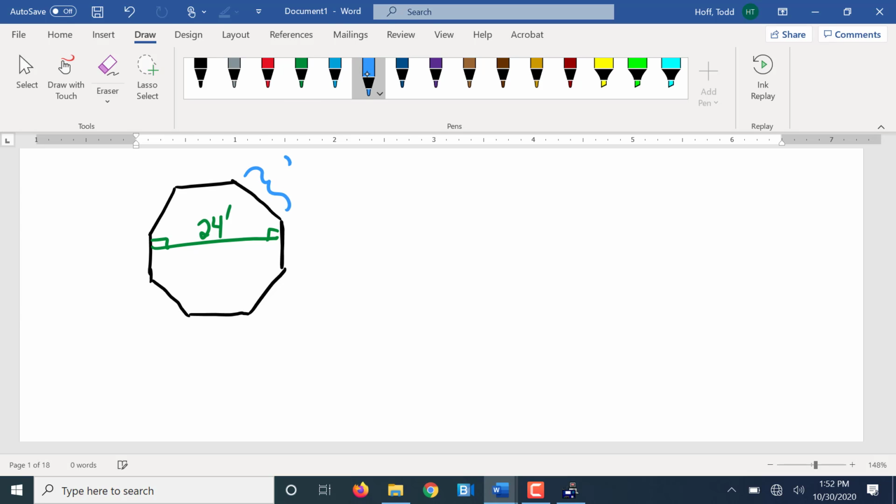Find the length of the side of that octagon. If you've got your packet, Colton, these formulas are on page 170 of your packet. If you have your packet, the formulas for the octagons are on page 170 of your packet.